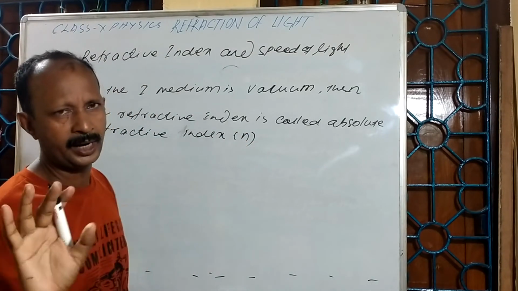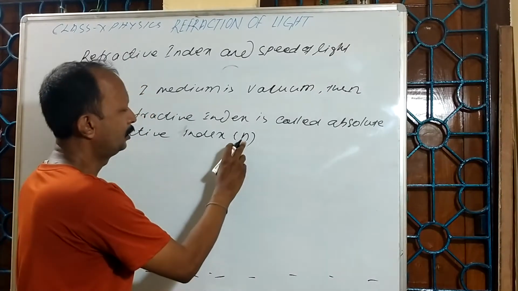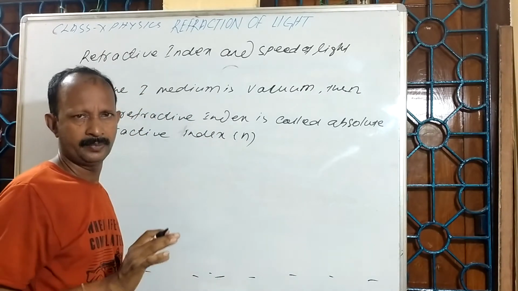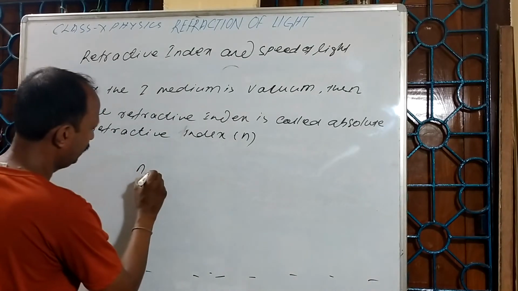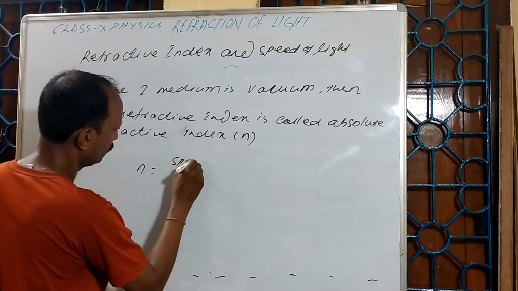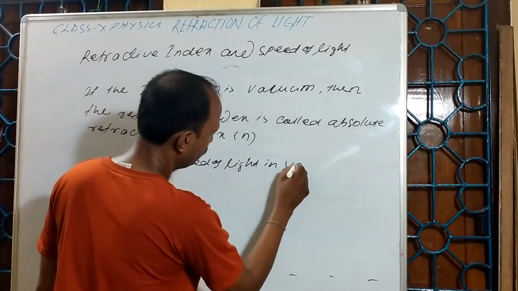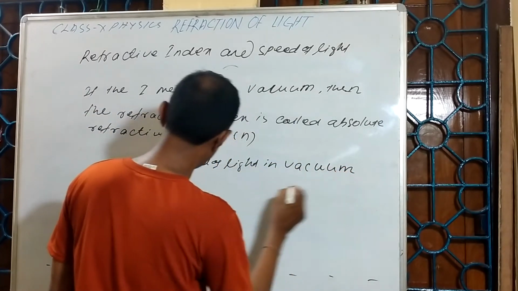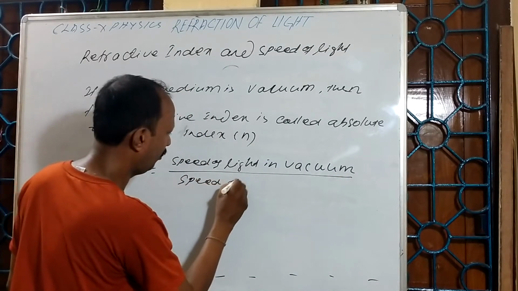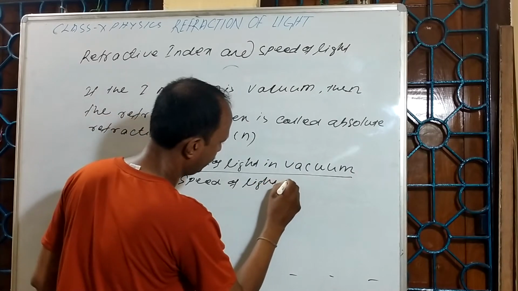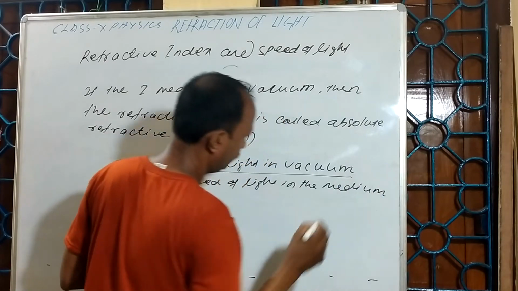Simply I have written the n. Here no need to mention the first medium. That means I can write here n is equal to speed of light in vacuum to the speed of light in the medium.